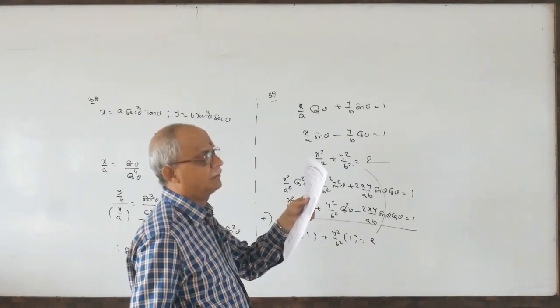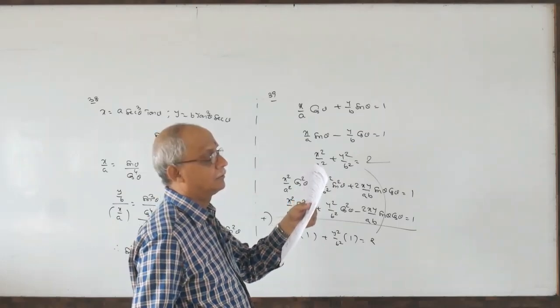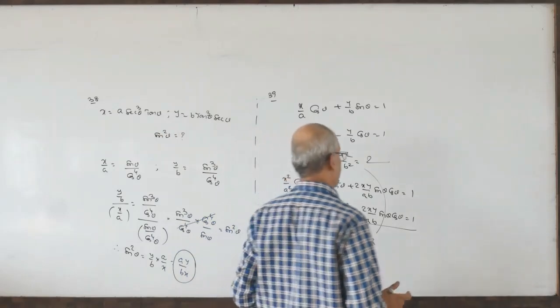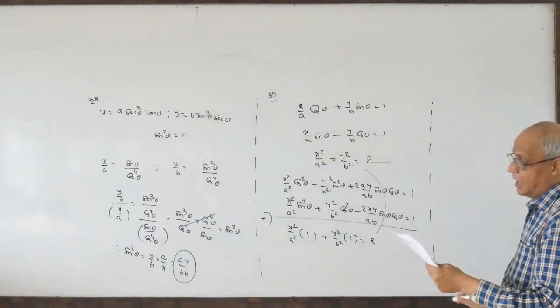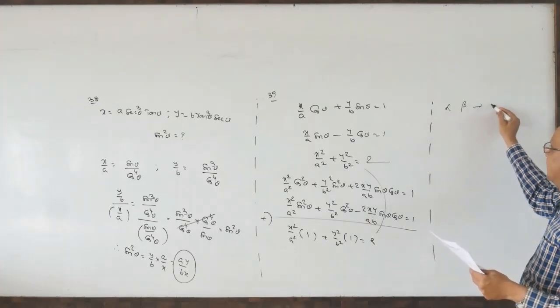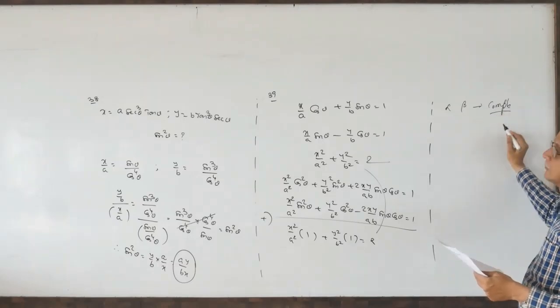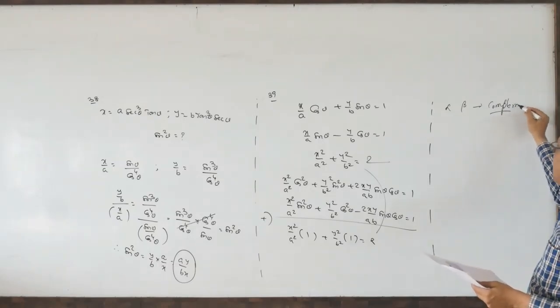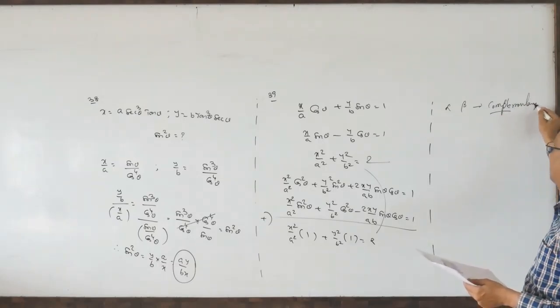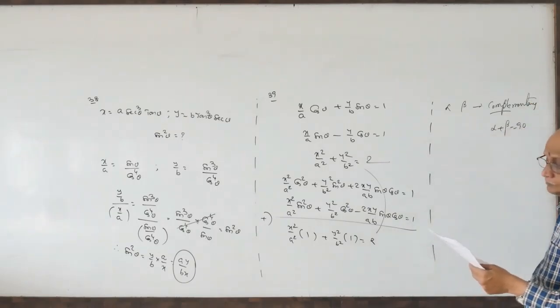Alpha, beta are complementary angles. What is complementary? Complementary angles: the sum of the angles is 90.